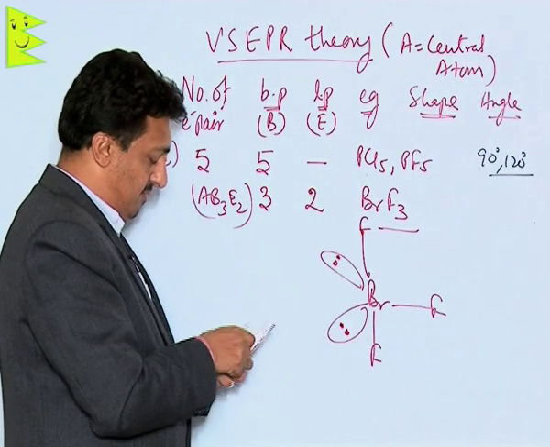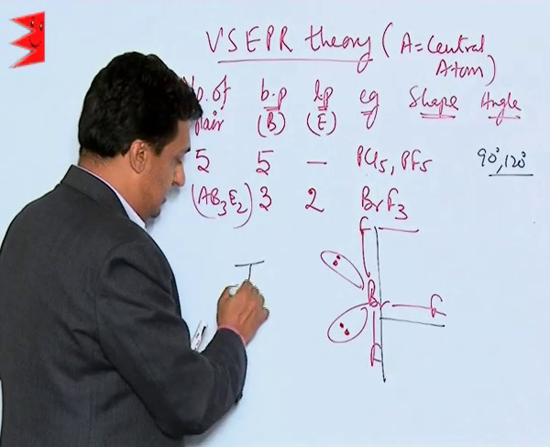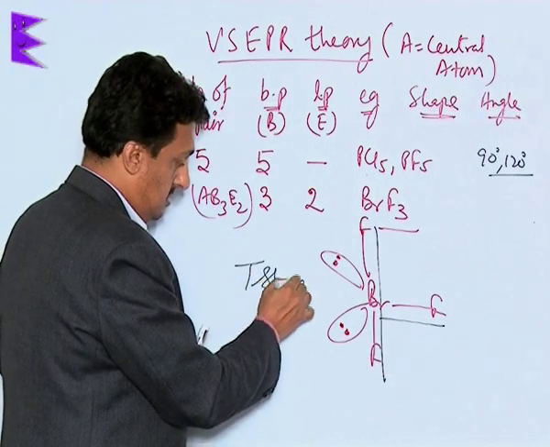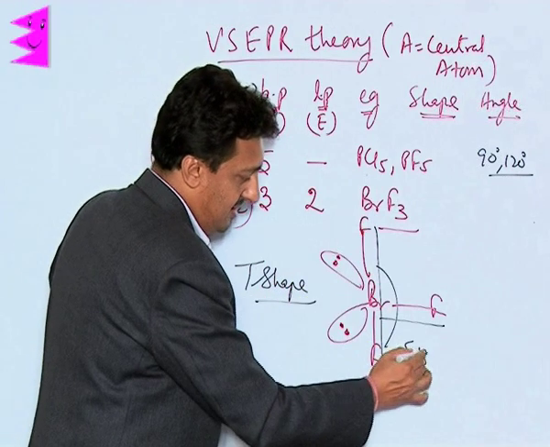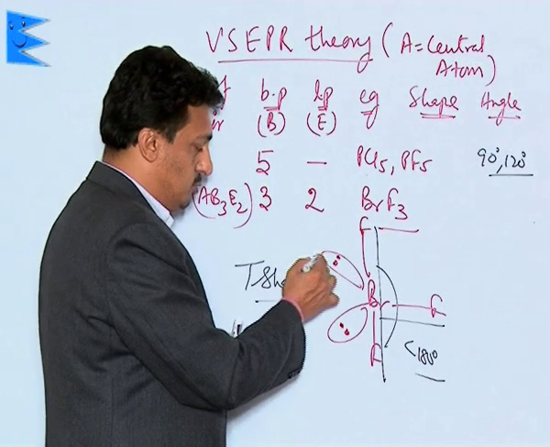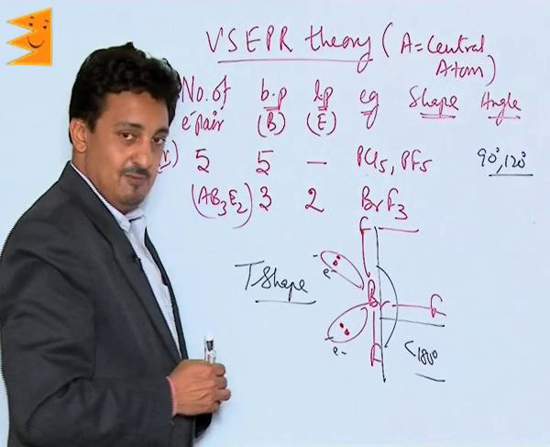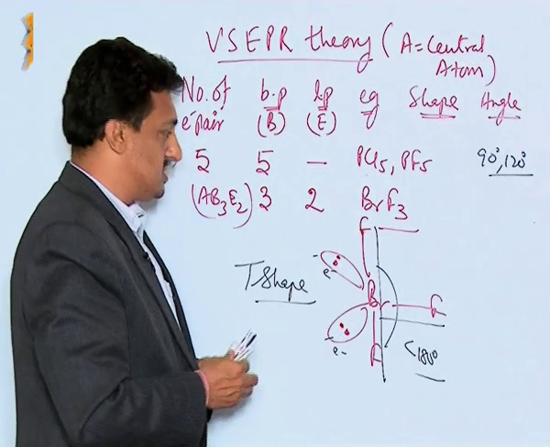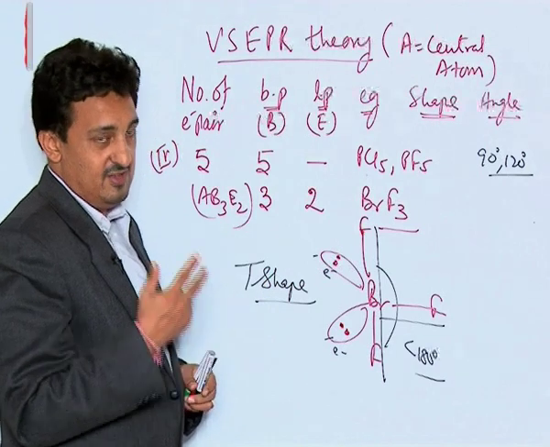So the shape becomes almost T shape. That's why we call it T shape. Of course, these angles are less than 180 degrees. And these are the 2 positions of the lone pairs at equatorial positions. So this is BrF3, the case where we have 3 bonded pairs and 2 lone pairs.